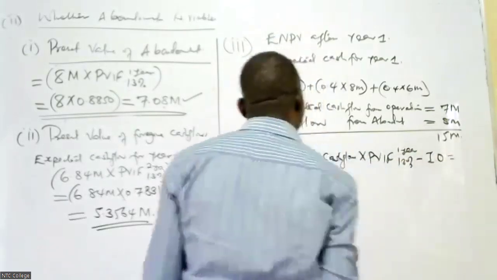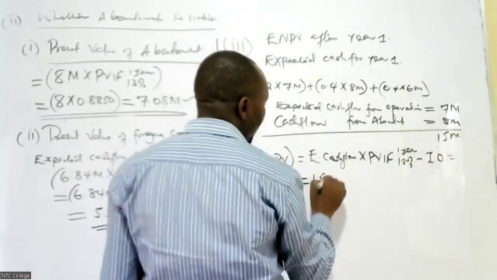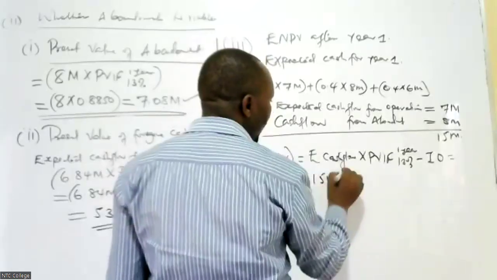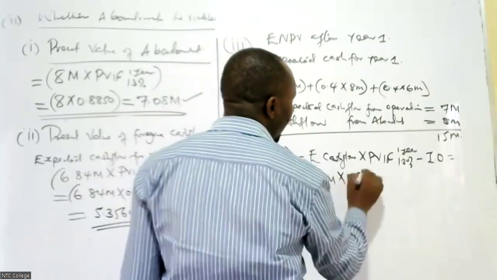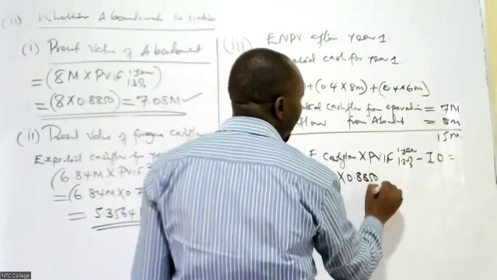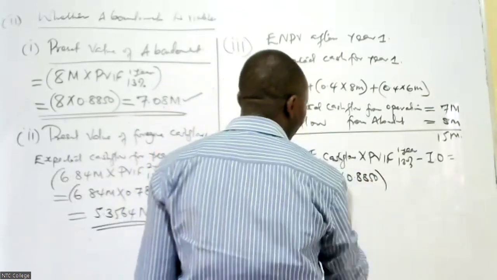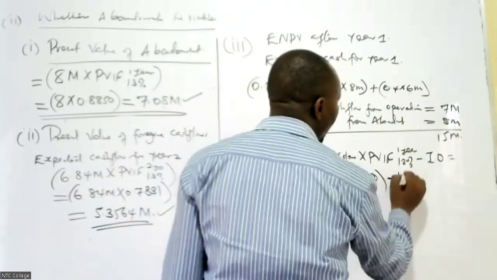So here we have 15 million total times PV for year one, which was 0.8850, minus IO, which was 10 million.